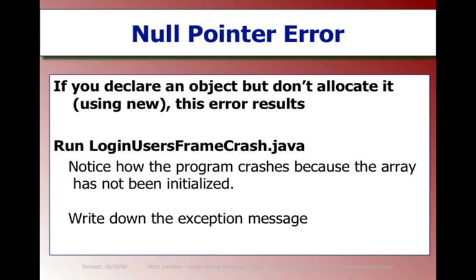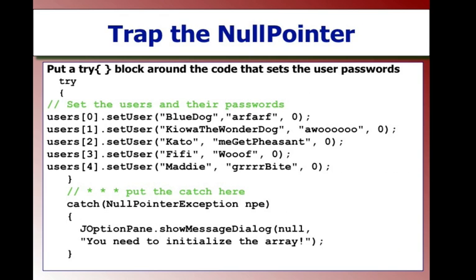And often you just have to go through your code and look where everything was declared and then find the matching places where it's initialized. So here's how you trap the null pointer error. So again, you put your safety net around, so put your try with your curly braces around the code that sets the user passwords. And I show it here on screen.